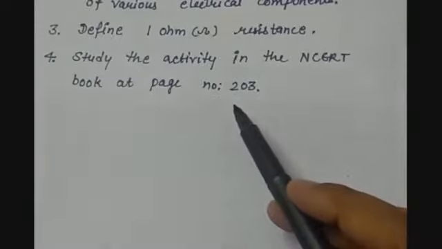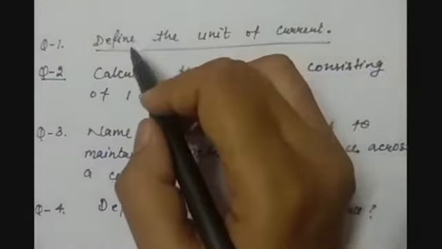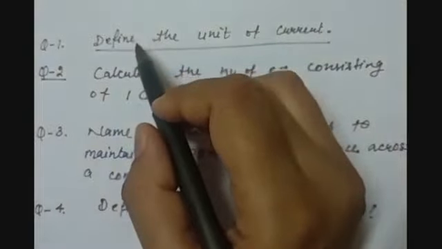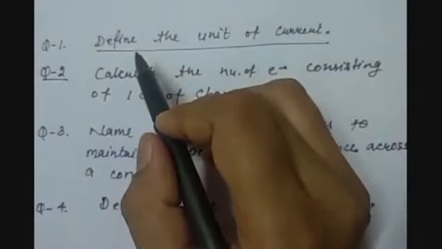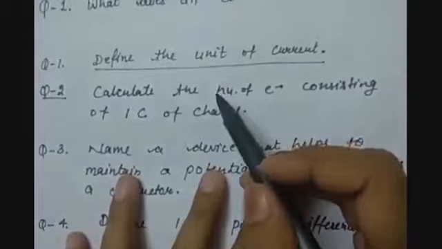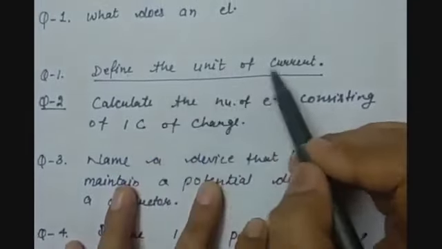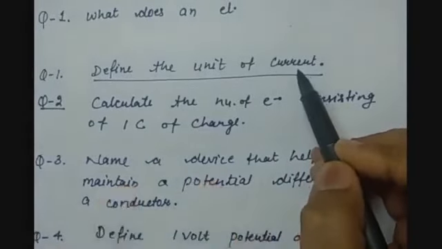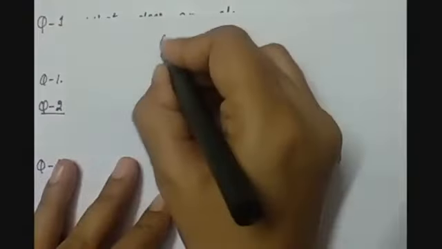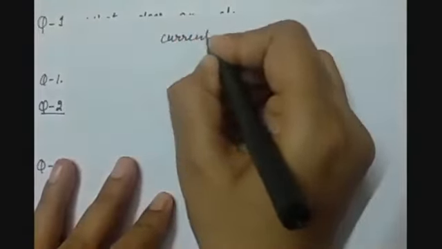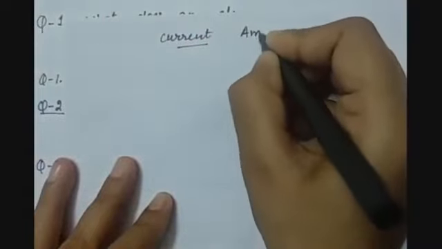Now let us see the homework solutions of lecture number 1. In lecture number 1, we were having 4 questions in total, and the first question was, define the unit of current. So we know current is measured in ampere.